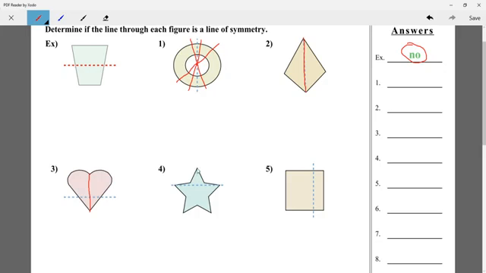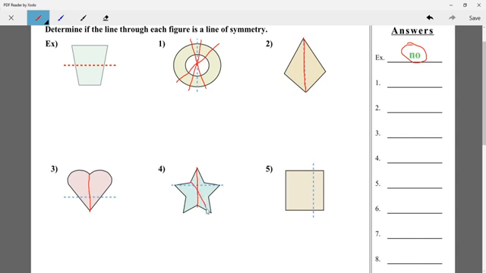The star, let's see, I think if you draw from corner to corner, or so if I were to draw straight across, this would be a line of symmetry.